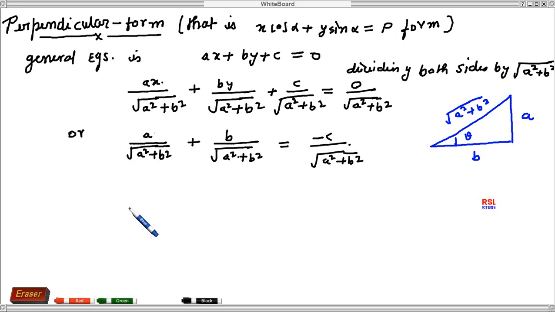And sine theta will be equal to height by hypotenuse. This is height by hypotenuse. So this is the value of sine theta, and cos theta will be equal to base by hypotenuse, that is b by under root a square plus b square.